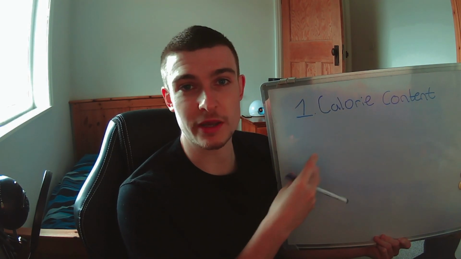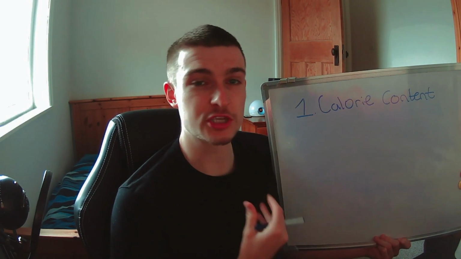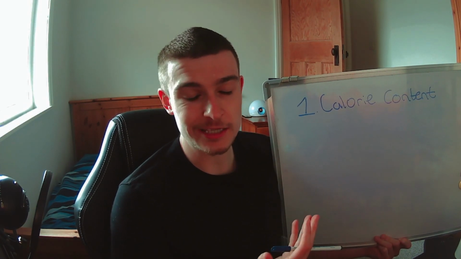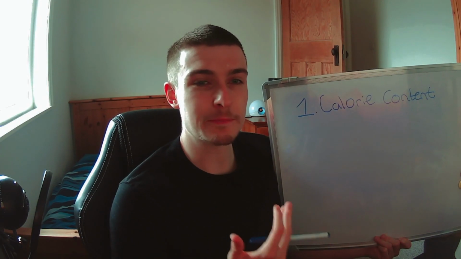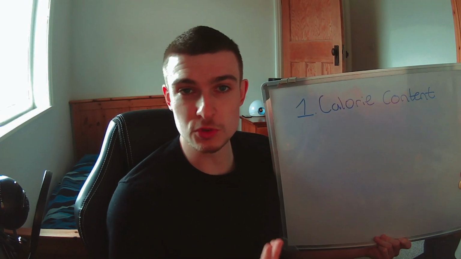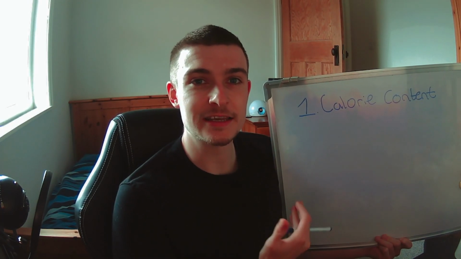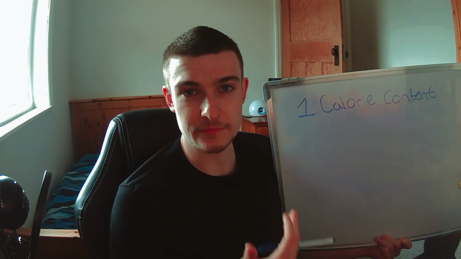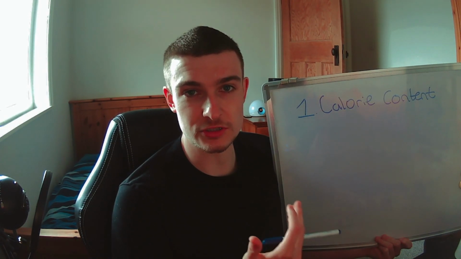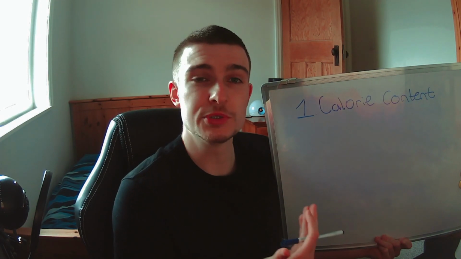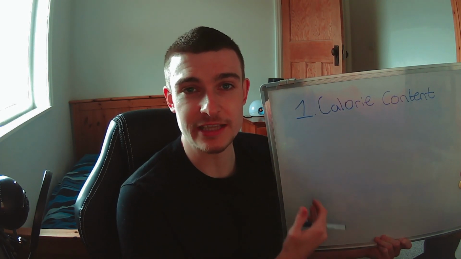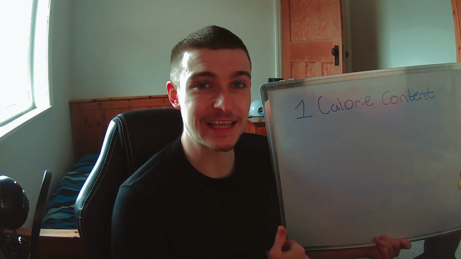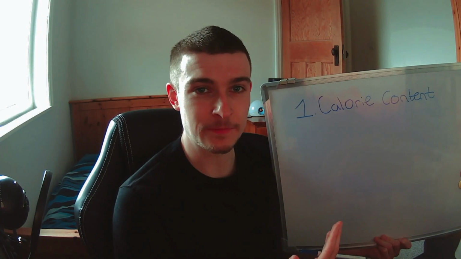Now, the reason why this property of a food is important to consider is because very simply, you need to manage the total amount of calories you're taking in each day and across the week if you're looking for a fat loss result, because you need to make sure you're remaining in a calorie deficit over time, taking in less food than you are expending.